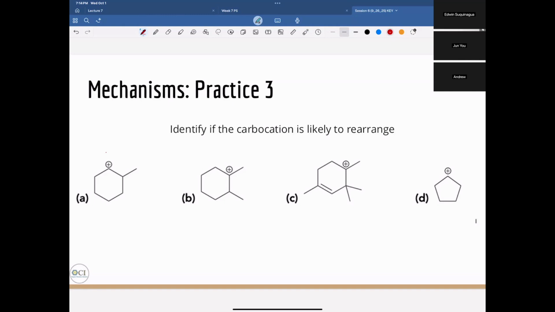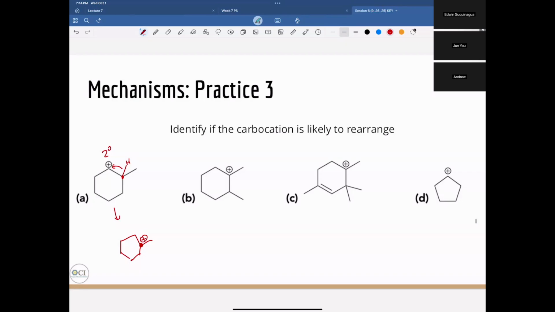We see that this is initially a secondary carbocation, but on this carbon here, we have a hydrogen. So what we can do here is a hydride shift, and then we would get this molecule. The positive charge would now be on this carbon instead of the carbon before.